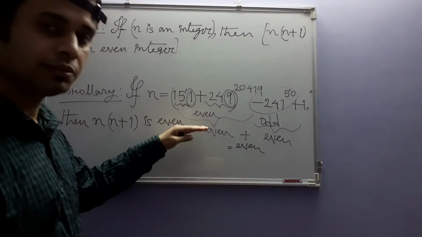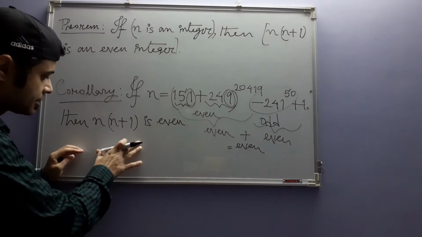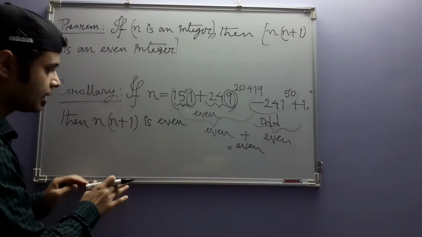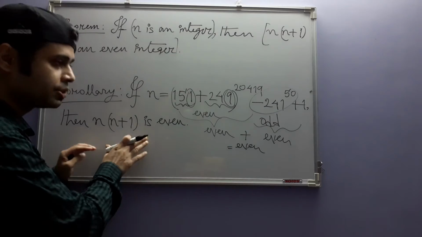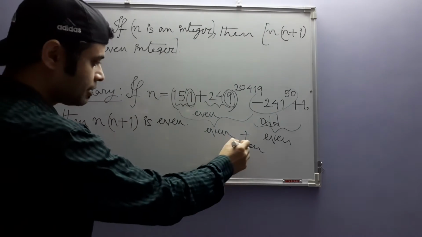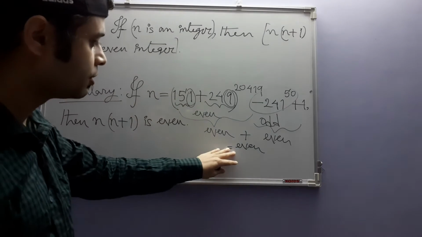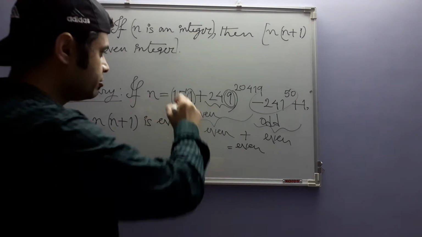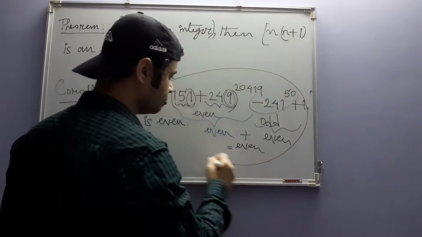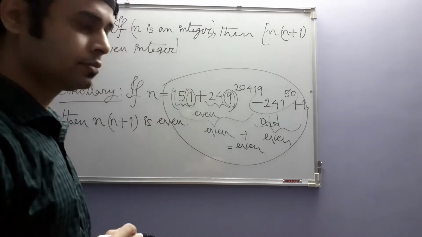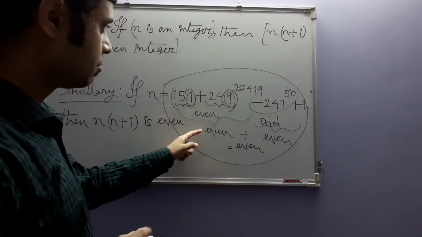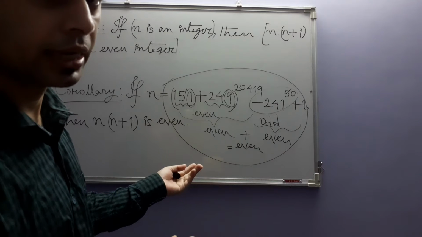Do you see the difference? Now you don't need to write both the parts of the proof. You can write only that part where n is even. Now you know for sure that n is even. But do you see the extra work that we have to do here? And why bother for that?